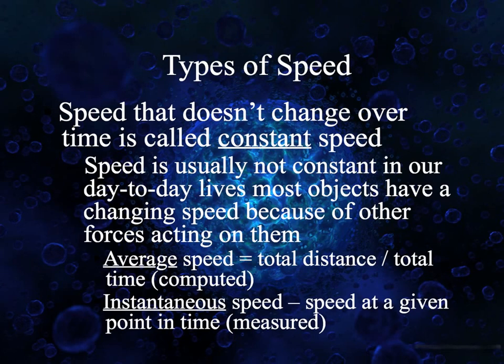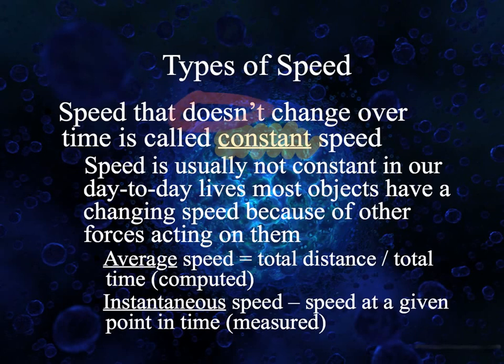Now, there are a couple types of speed. Speed that does not change over time is what we call constant speed. That word constant means not changing. It stays the same. So if speed is constant, that means it's not changing over time.